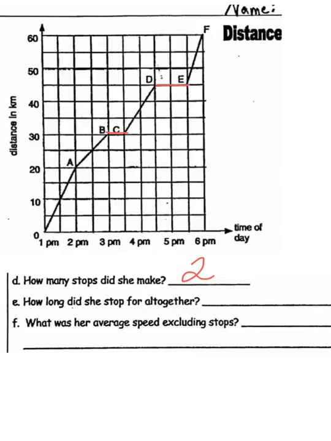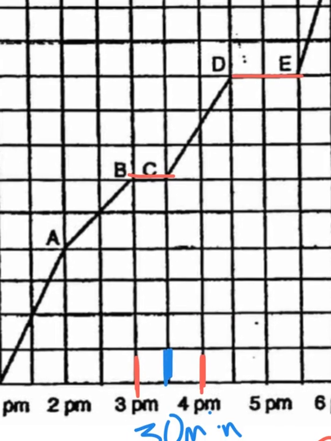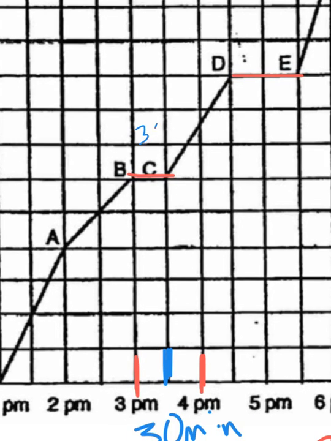How long did she stop altogether? Well, every graph's going to be a little different, but this one specifically, if you're looking between, let's say, 3 p.m. and 4 p.m., that's 1 full hour. And since they cut that in half, that little line in between should be half an hour. So each one of these little boxes is going to represent 30 minutes. So that would mean that BC would be 30 minutes.